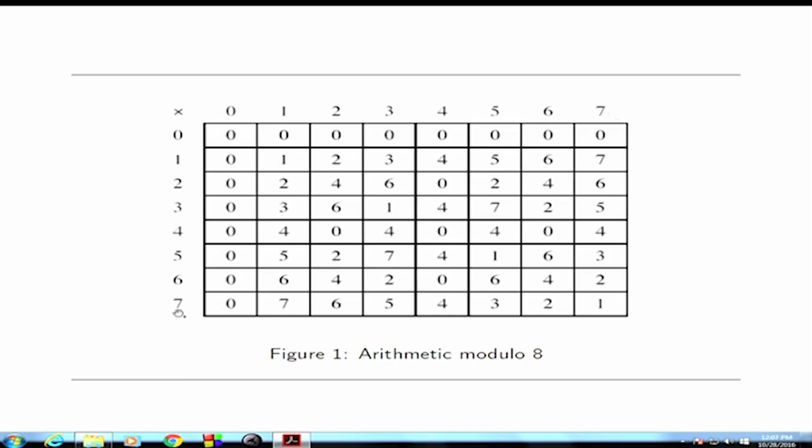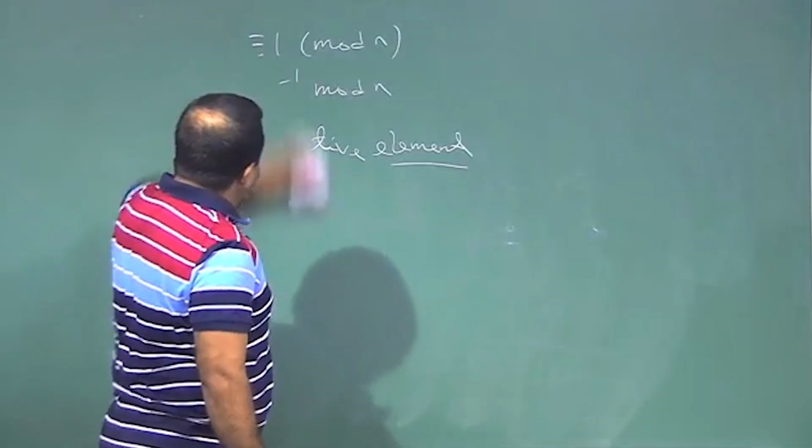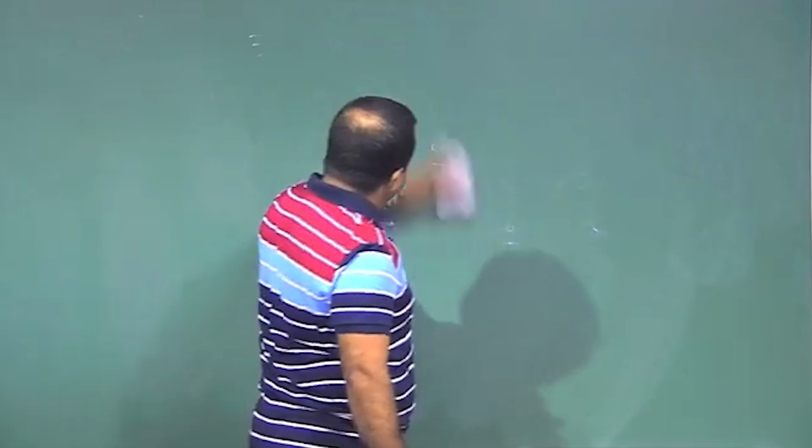So, if A is equal to 7, then B equal to 7 is the A inverse mod 8. So, for an inverse we need A into B congruent to 1 mod 8. It is not necessary that every element will have an inverse. Okay. So, that is the multiplicative inverse.